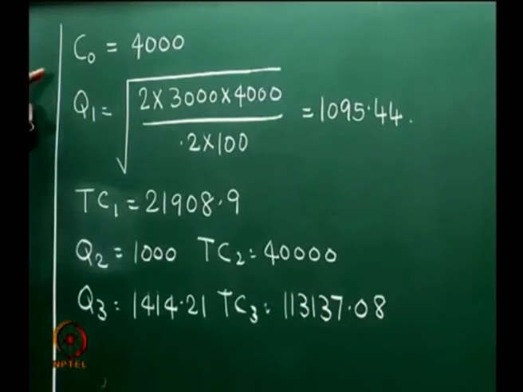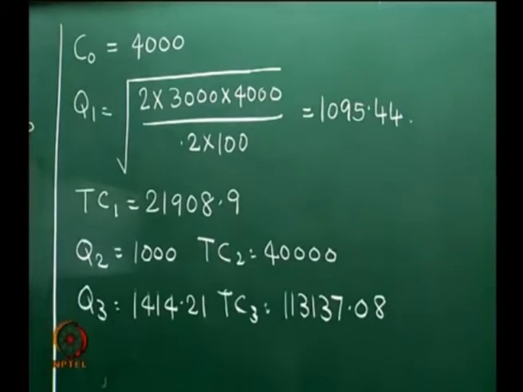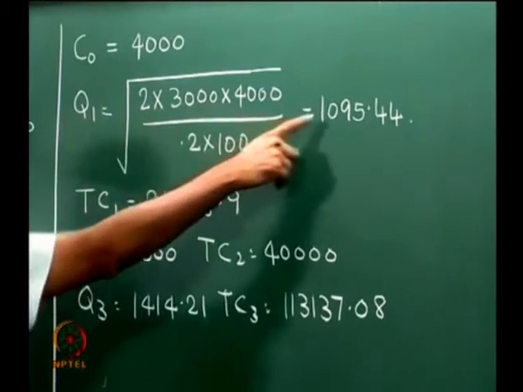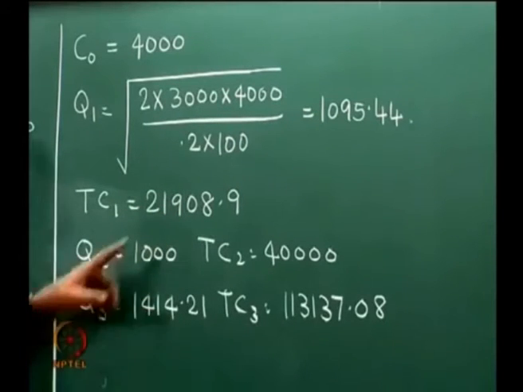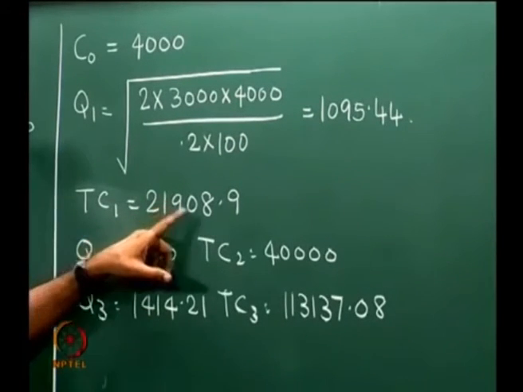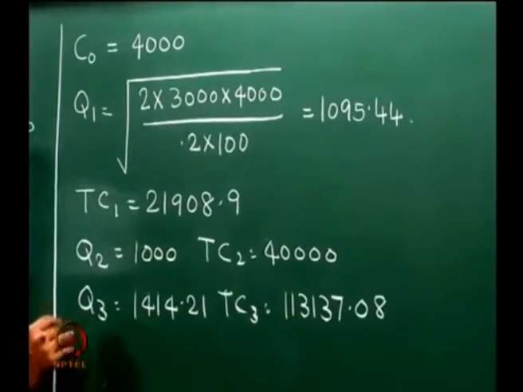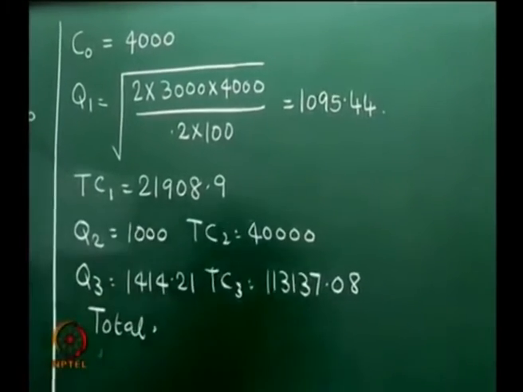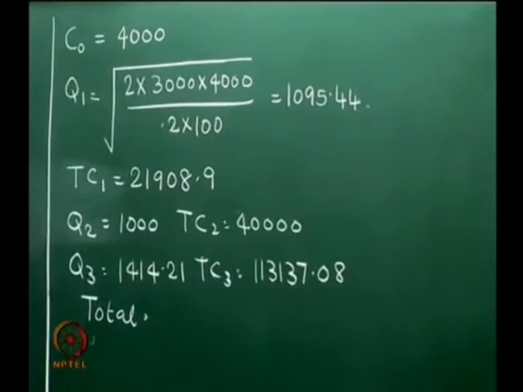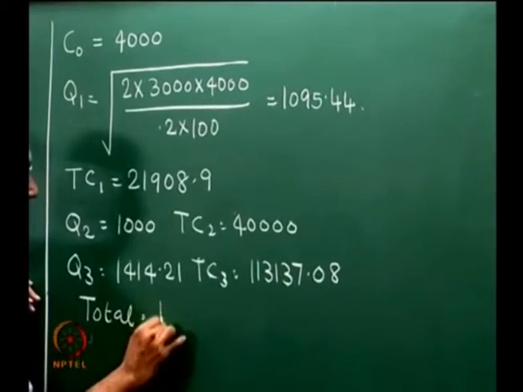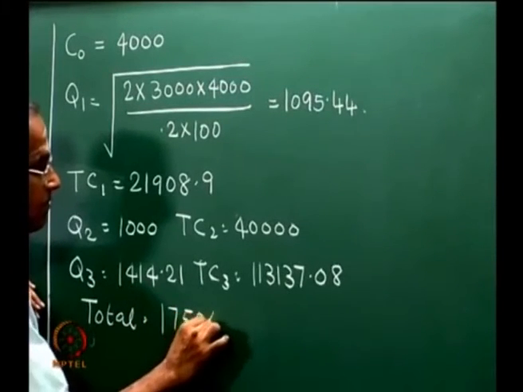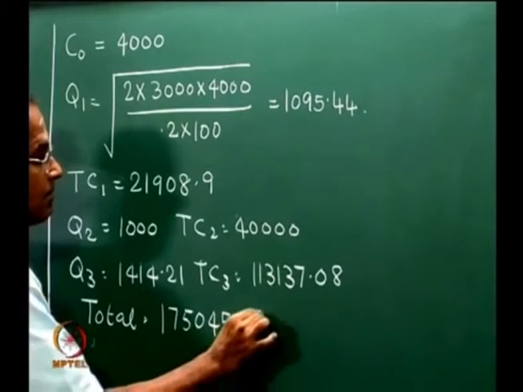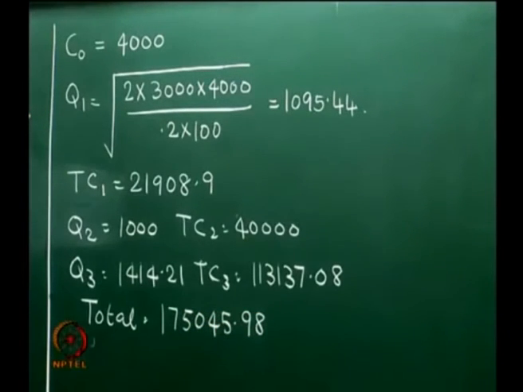So individually, if we order the 3 items according to their economic order quantity, these are the order quantities for the 3 items, and the sums of order cost and carrying cost for the 3 items are given here. This gives a total cost for the 3 items put together of 175045.98. This is the total cost incurred if they are ordered independently and separately.